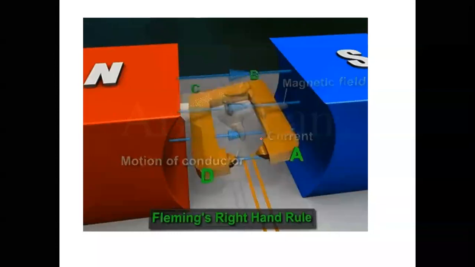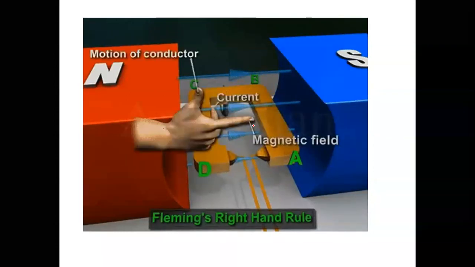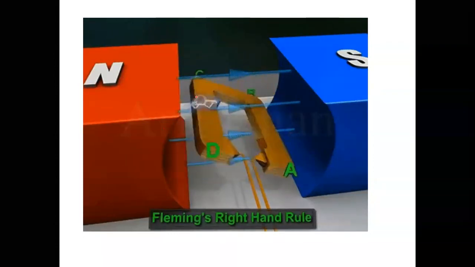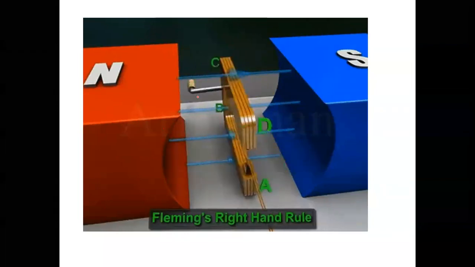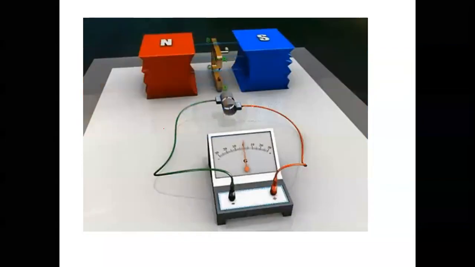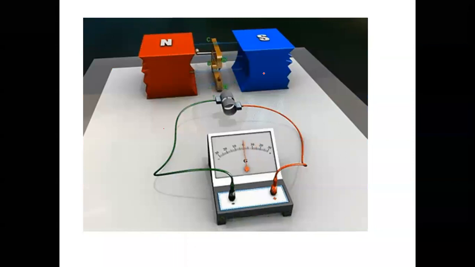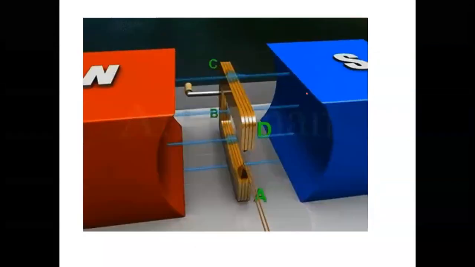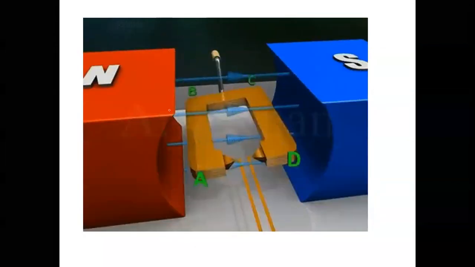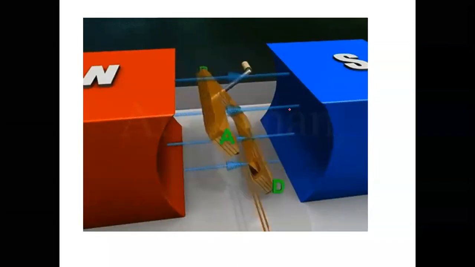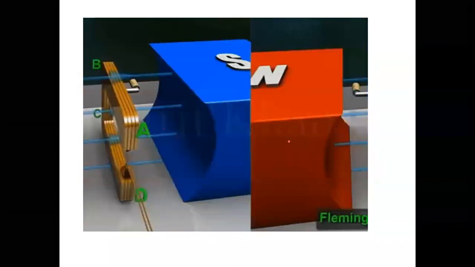So this is your Fleming's right hand rule: keep your thumb in the direction of rotation, forefinger in direction of flux, second finger gives induced EMF. You can see when AB is under the influence of south pole and CD under north pole, you will get positive voltage. Vice versa, you will get a negative voltage.